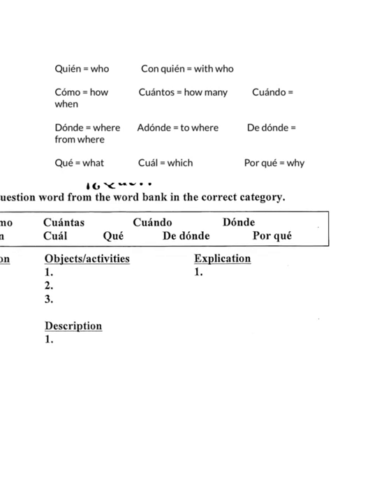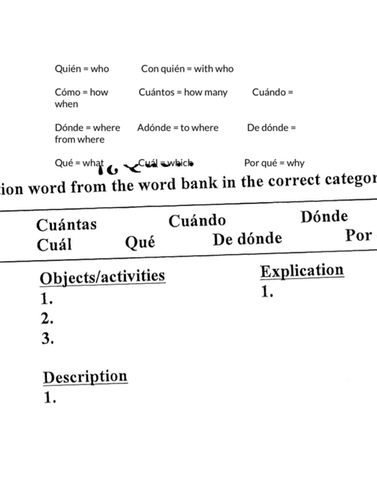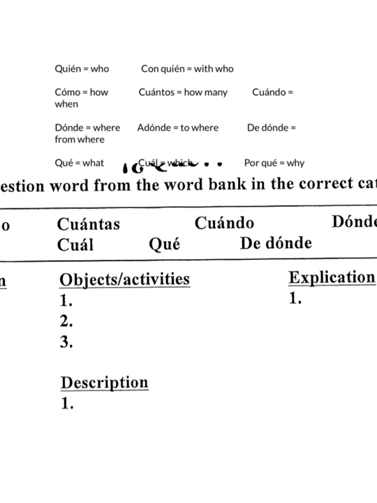In this case now, if your answer involves some sort of object or activity, a thing, then it's going to be que, what, cuantos, right? How many? And the answer here specifically would be some sort of number or quantity.